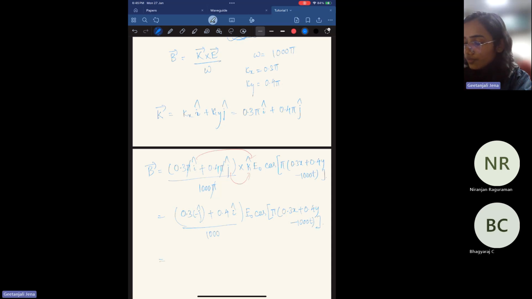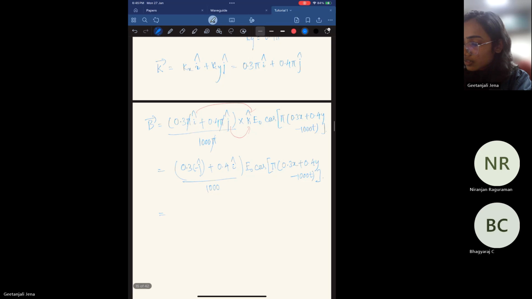Okay, so the final will be 10 to the minus 3 times (4 i cap minus 3 j cap) E0 cos pi (0.3x plus 0.4y minus 1000 t).